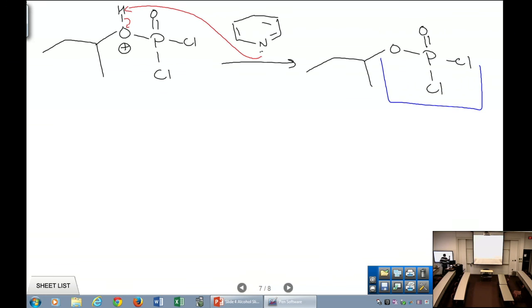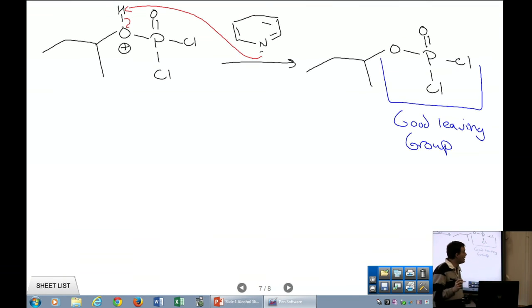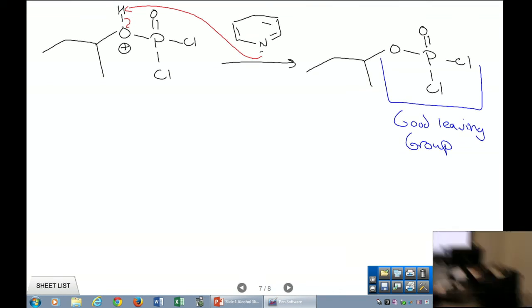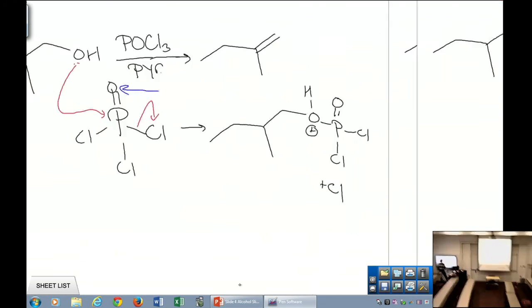I should make that a letter. There we go. So that is a good leaving group. Now at this point, pyridine or another base, did we, oh no. Oop.